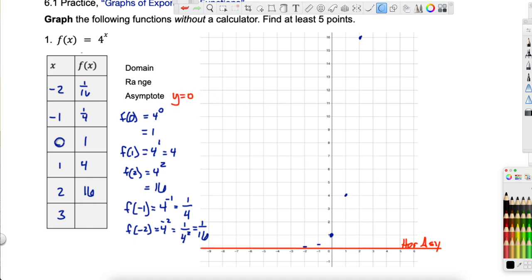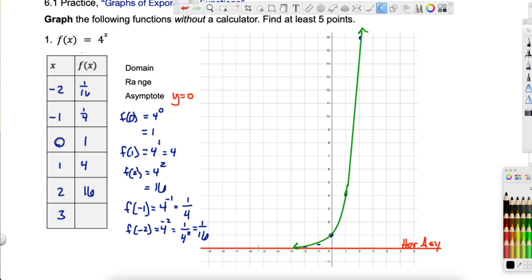So now we can start putting together our graph here. Just try to fit in the curve. Okay. So what is our domain? Domain are all the x values.